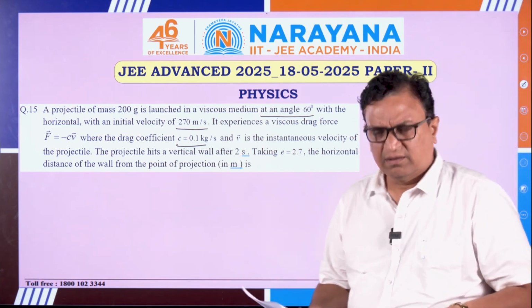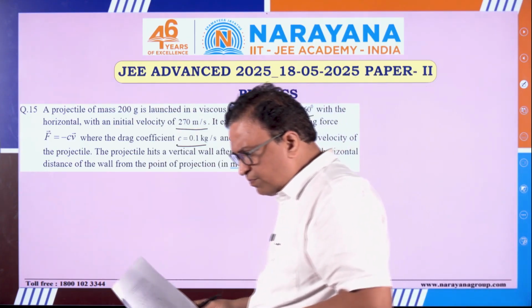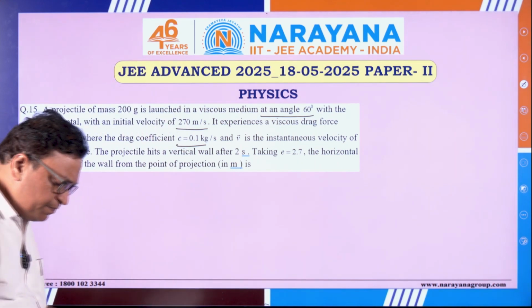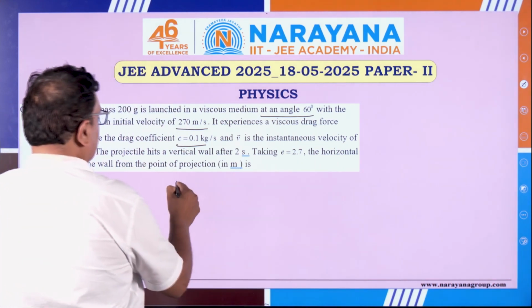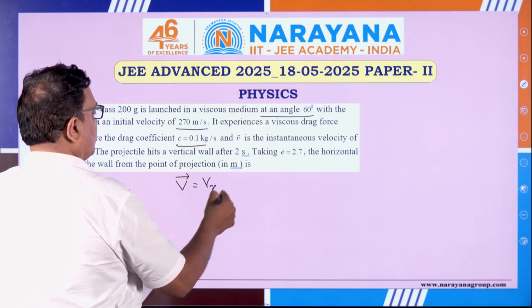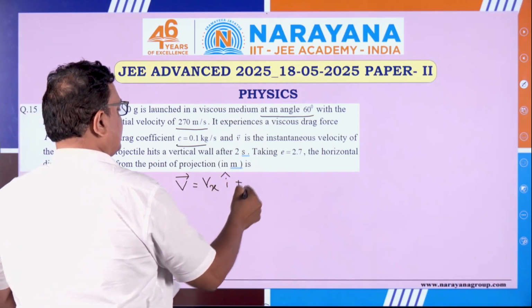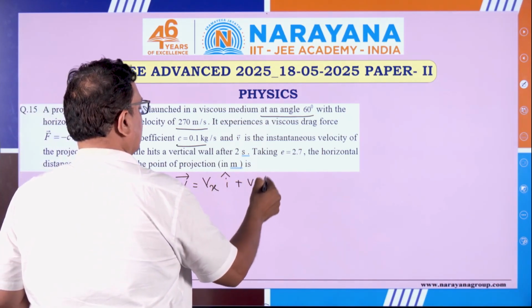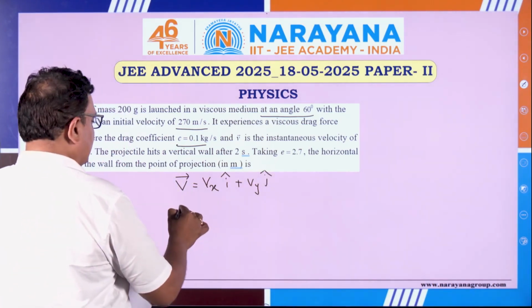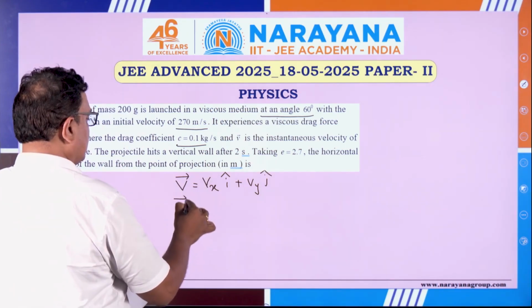What is at an instant V bar? At an instant V bar is equal to Vx i cap plus Vy j cap. I am assuming it like this. So what is F bar in that case?